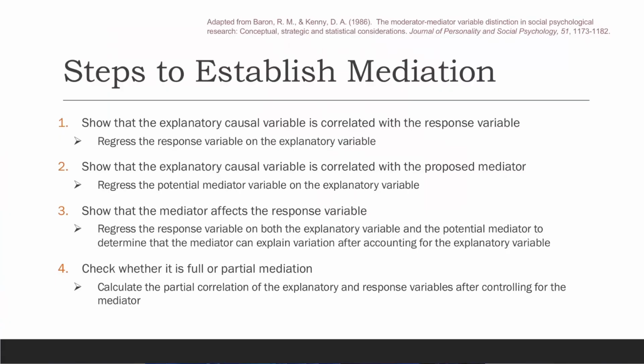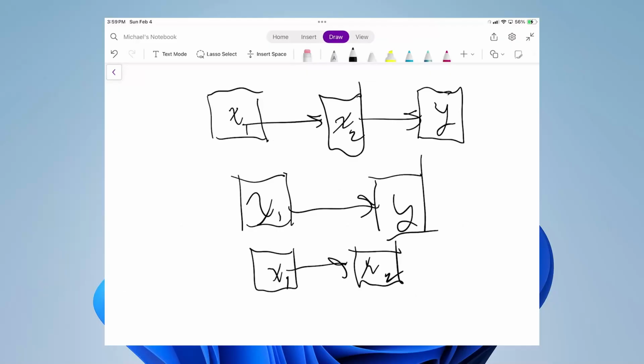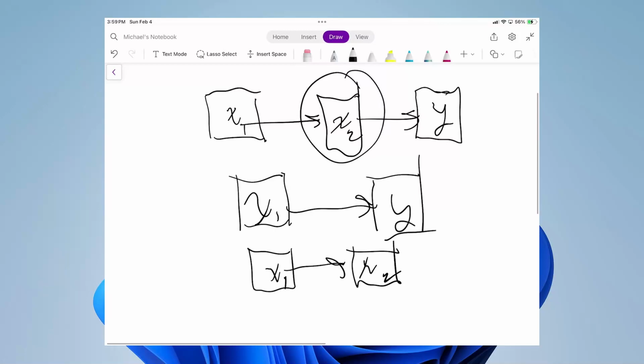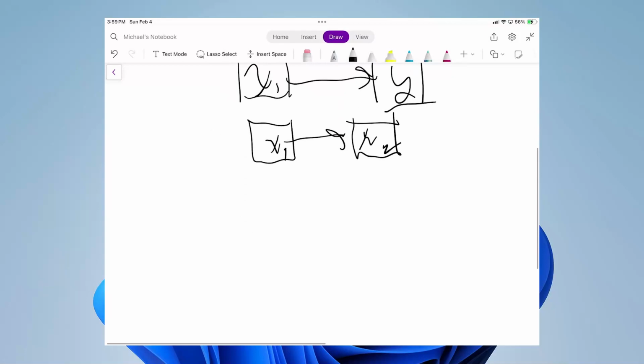Step three is to show that the mediator affects the response variable. Now, you may think the way to do this is to just look for a link between the potential mediator variable and the response all by itself, but that's not what we do. Instead, since we're trying to show that x2 is an explanatory link between x1 and y, we want to show that x2 contributes something even in the presence of x1.